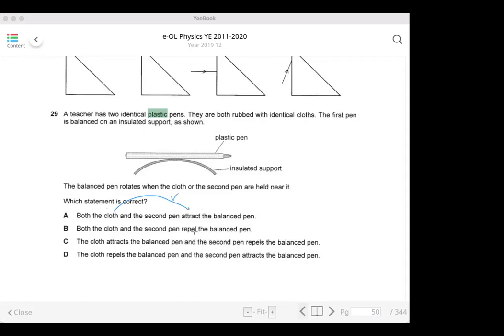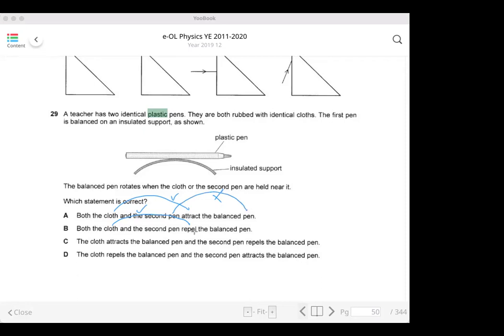Cloth repels the pen, you can also say that. Okay, then the thing is this, both are the same pen, they should have like charges. So the pen and the pen, you cannot say that they actually attract.